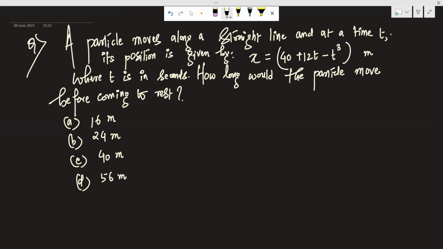So question is, how long would the particle move? Actually, it should be how far. You can write the question as how far also, because options are in meter, distance we have to find out. So how far would the particle move before coming to rest? That is our question. Options are 16 meter, 24 meter, 40 meter, and 56 meter.